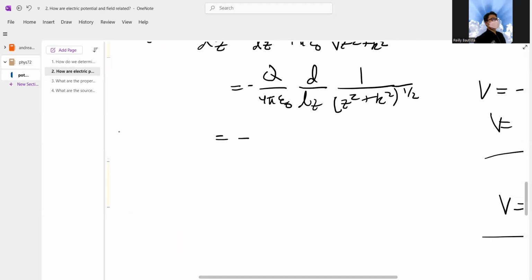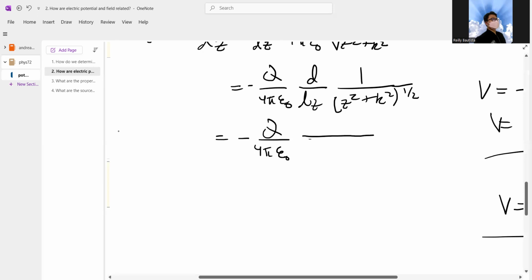So q over 4 pi epsilon naught. What we have here is a form of a power rule. The power is 1/2, and since it's in the denominator, it's negative 1/2. So we apply the differential and get the derivative.